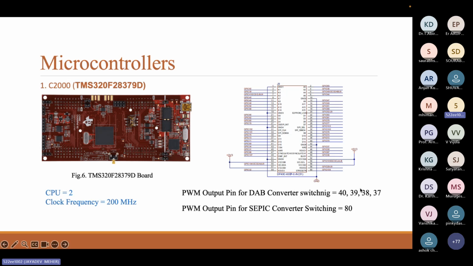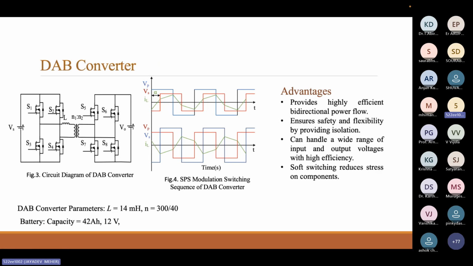For the DAB converter, S1 and S3 have to switch alternately. With a 50% duty cycle, switch one is on, then for the next 50% S3 will be on. S1 and S4 are combinedly on, and complementary to that, S2 and S3 have to be on.